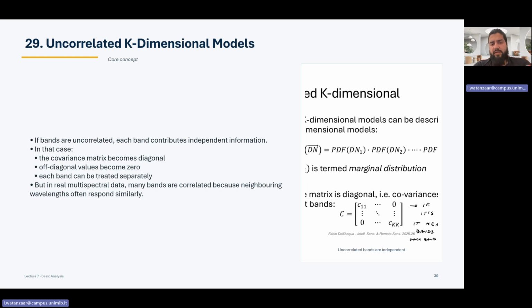But in real multispectral data, many bands are correlated. This is the reality, because bands are taken at such short intervals, and neighboring wavelengths often respond similarly. There is a high chance of this in remote sensing applications.